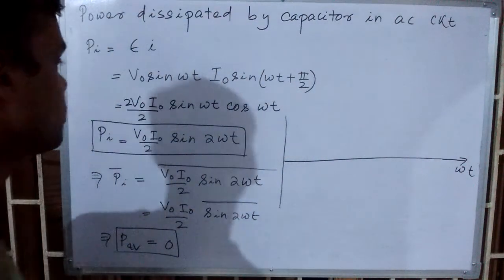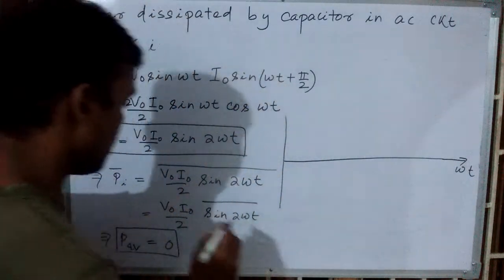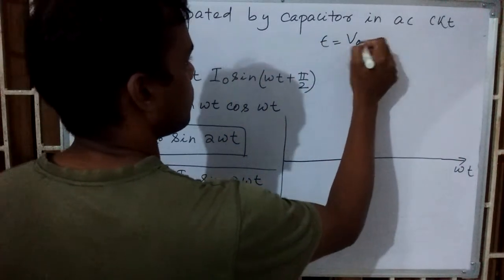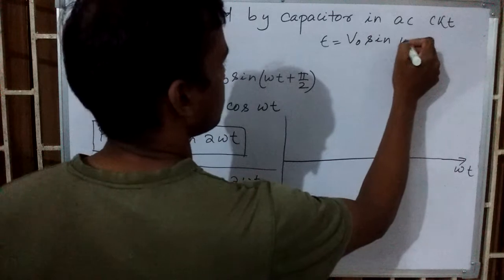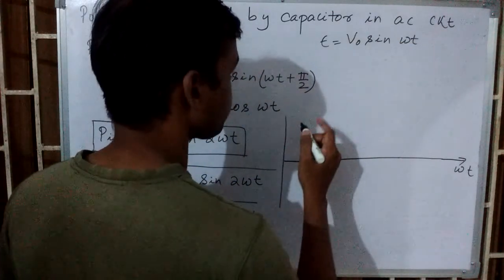First we have to draw the voltage waveform. Our voltage was V naught sin omega t. So how to draw it?